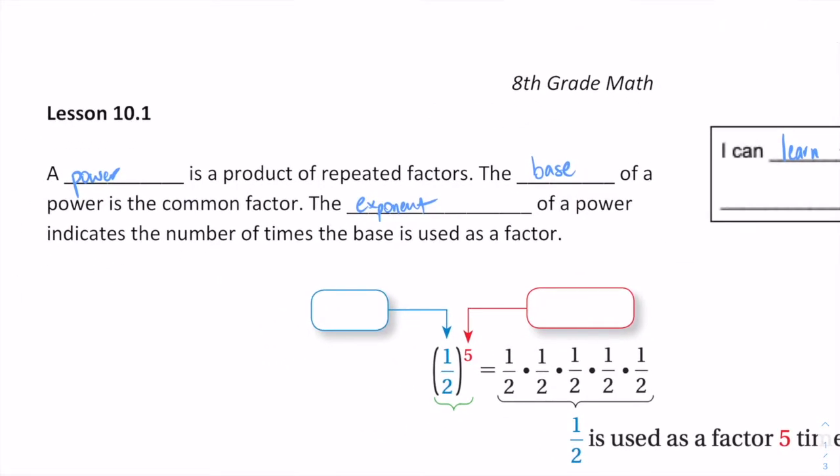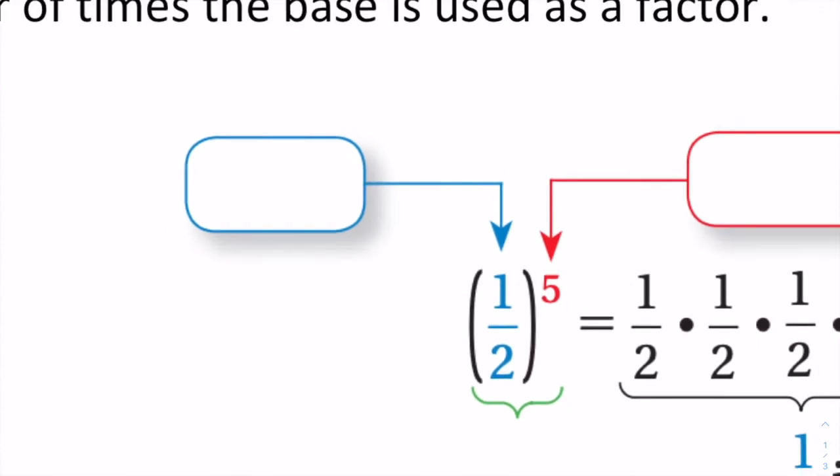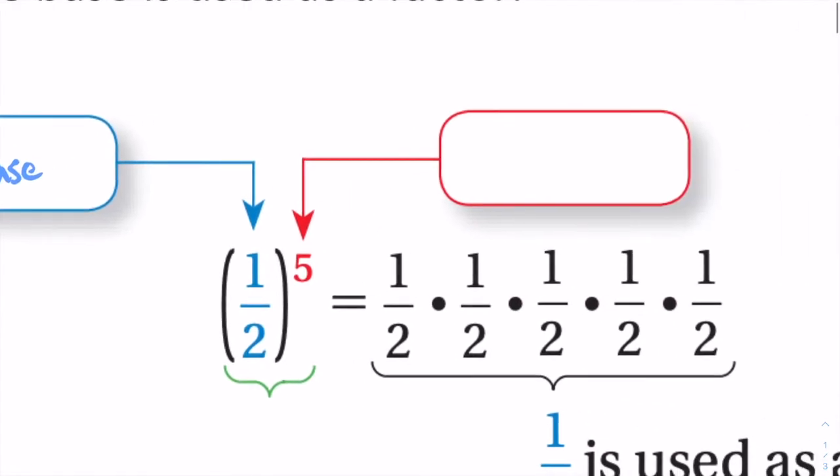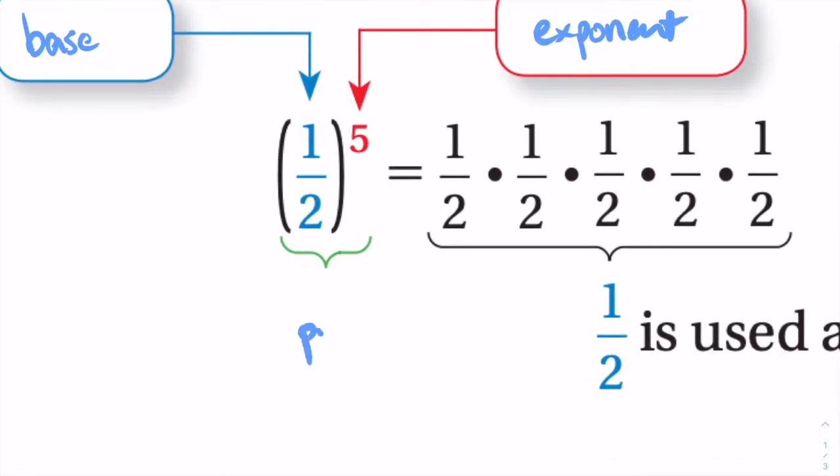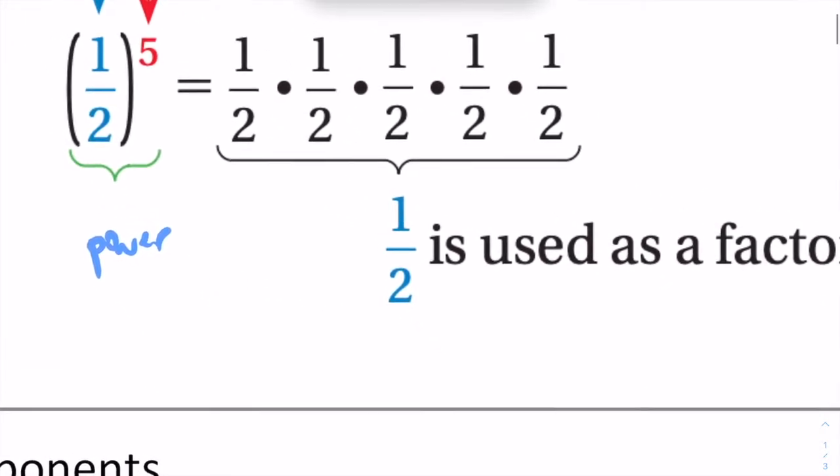So pretty much what all this means is, if you see here, this is called the base. The base is this blue part, or just the number in parentheses. The exponent is the little tiny number right there, and the power is the product of the repeated factors, so the power is going to be the final answer, essentially.